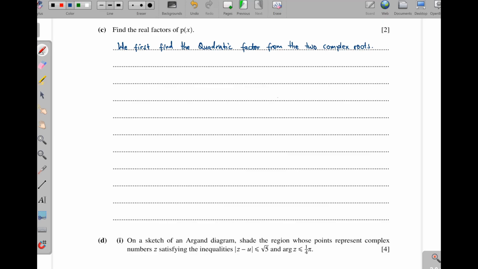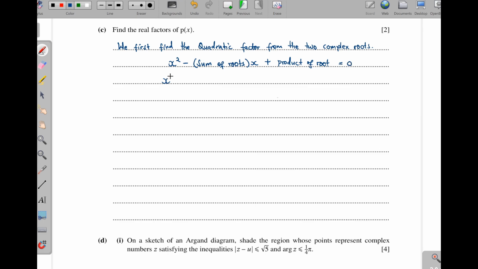We are going to have, like I've said, x squared minus the sum of roots of x, then plus the product of roots. Then we equate this one to 0.